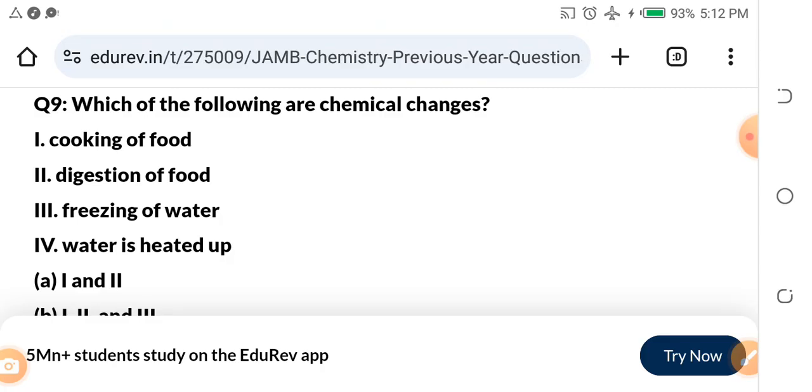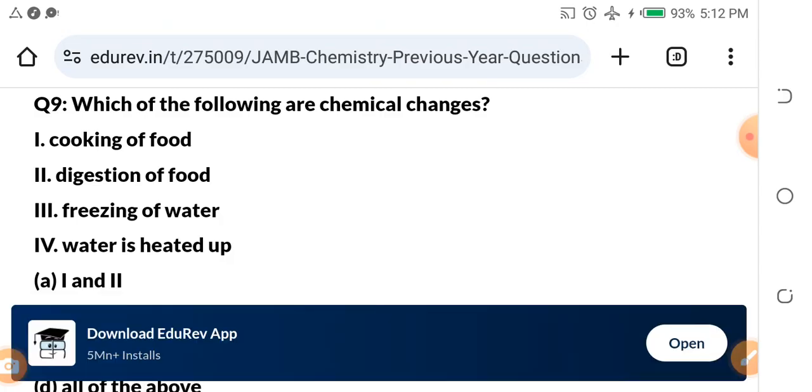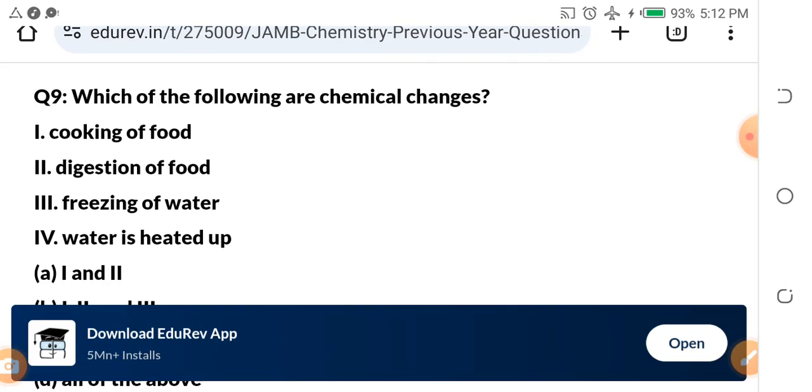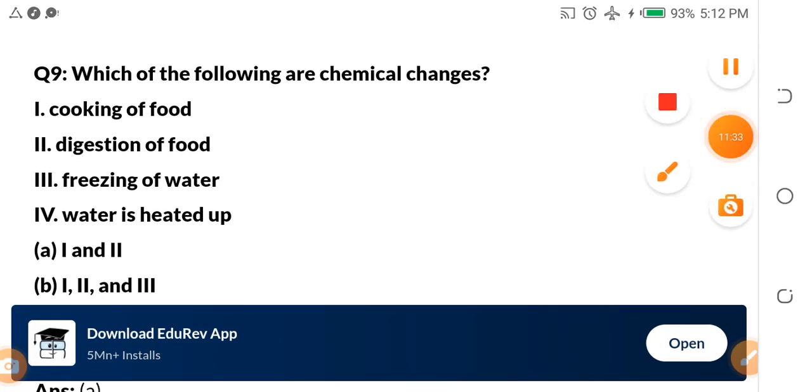Now, there are two kinds of changes. We have chemical changes and physical changes. The next assignment I would have explained, but it's very important. There's something I see that is about to happen. That's why I want you to go over, study and define chemical change and physical change, then tell me the difference between chemical change and physical change.